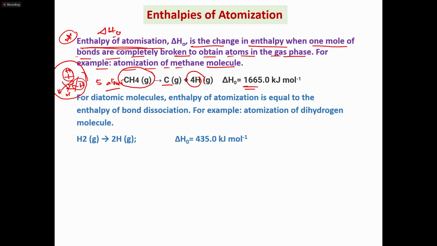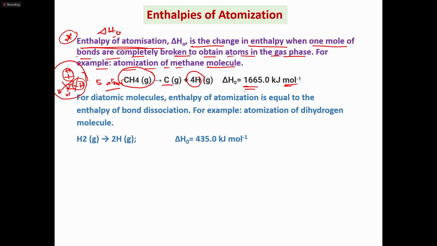This is called the enthalpy of atomization. This amount per mole, 1665.0 kilojoules, is needed to break the 4 CH bonds to form atoms from methane. It is called the enthalpy of atomization.